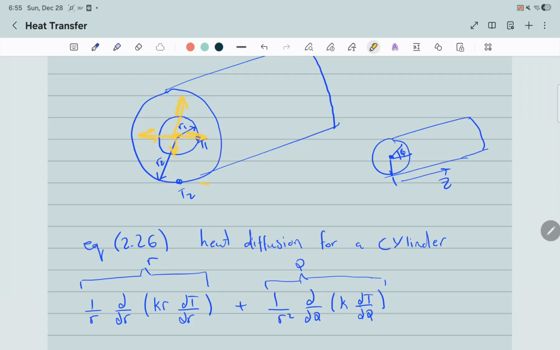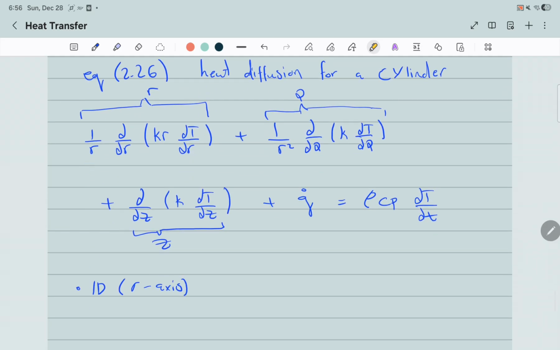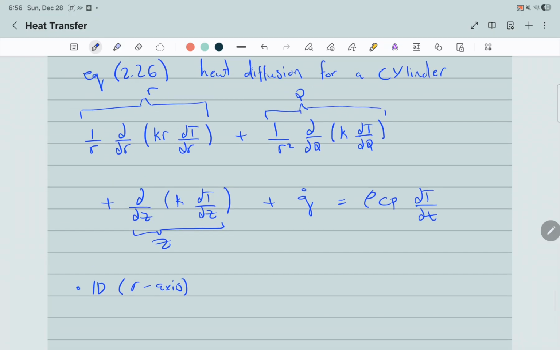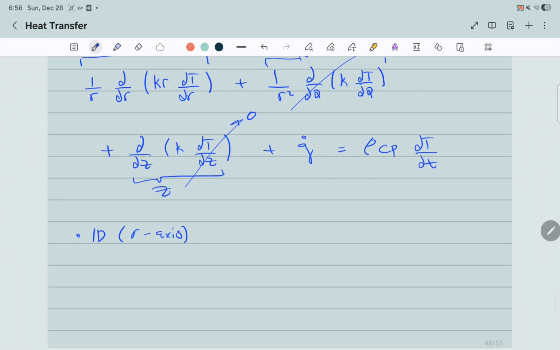It's not going to be flowing in the axial direction or in an angle. So with one dimension, we can eliminate the other dimensions. Theta is 0 and the z direction is also 0. So that's the first assumption.